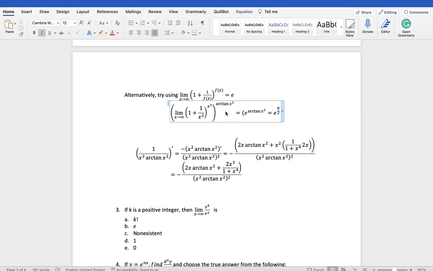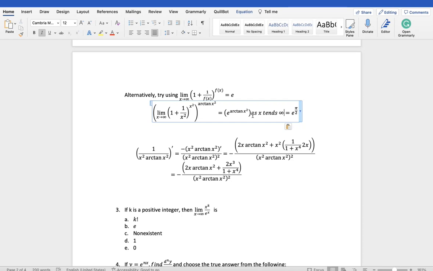So basically, if you want, this is as x tends to infinity. Remember, x is tending to infinity, right? Because remember, you know that arctan of positive infinity is equal to pi over 2.